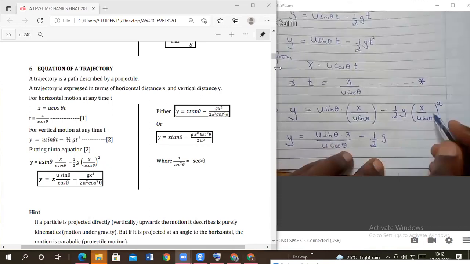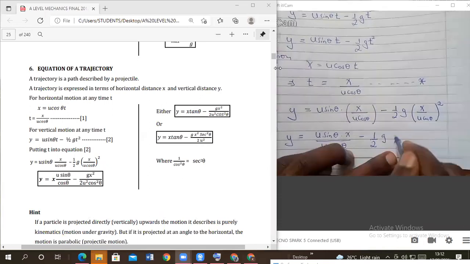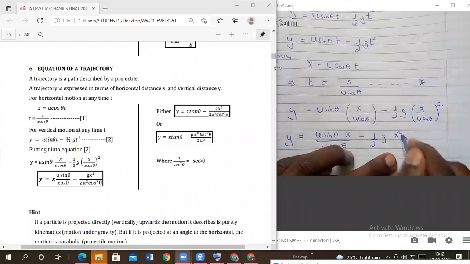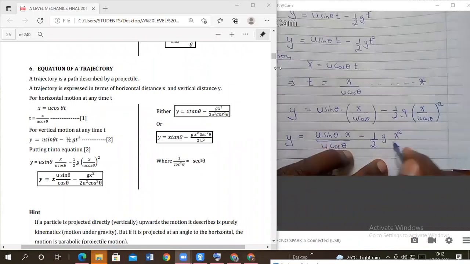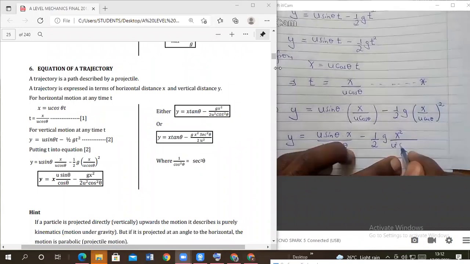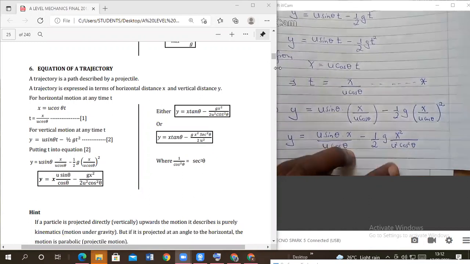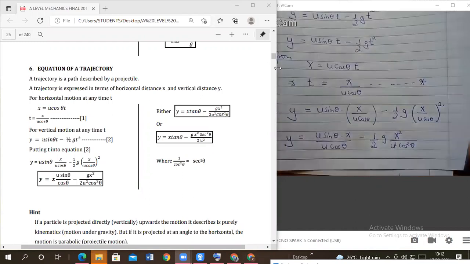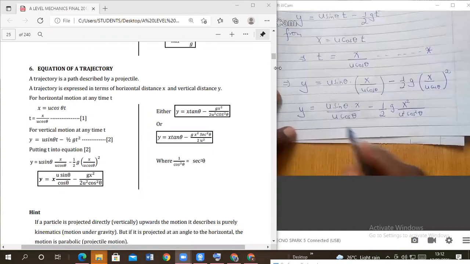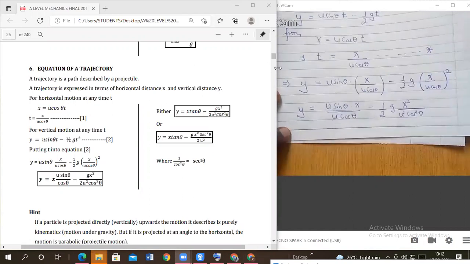When you expand this one, we get x squared over u squared cos squared theta. You can see that u and u can cancel out.